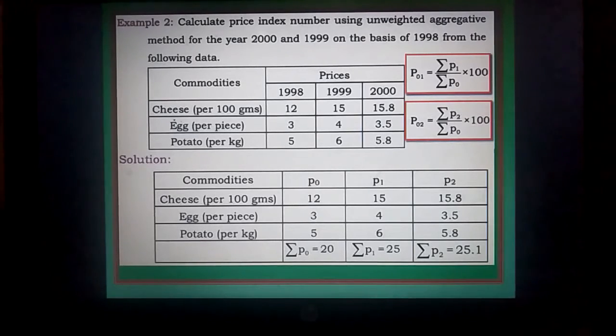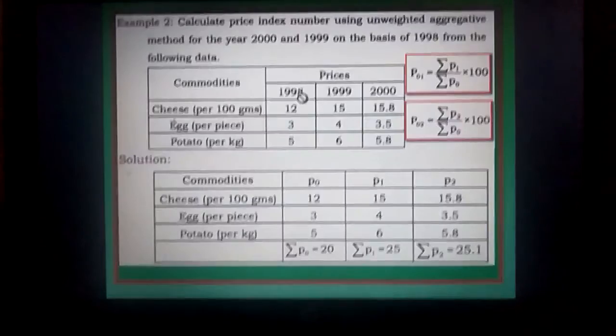We know already unweighted is nothing but simple. Fine. So in order to calculate the index number for 1999, I'll consider 1999 as 1 because it is the current year, and 1998 I'll consider to be 0 because it is the base year.